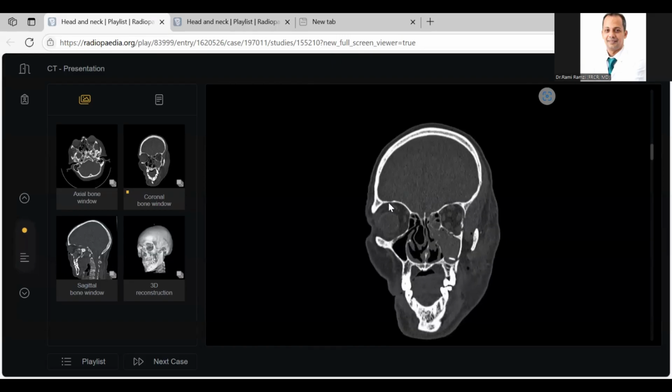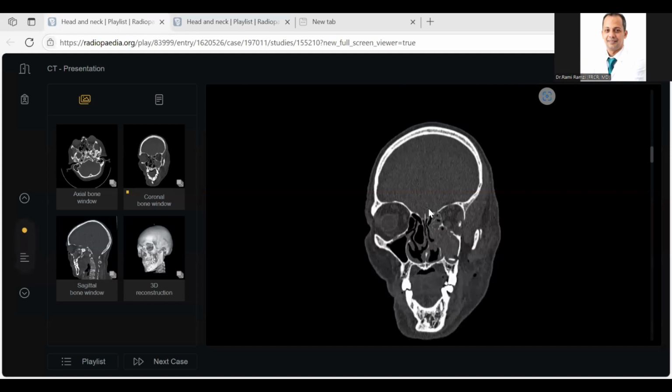What is the name of this fracture, please? This is a tripod fracture. Yes. What happens in a tripod fracture? There are fractures of the maxillary bone, inferior orbital rim, as well as zygomatic bone. Okay. Is there any emergency here? When do you consider it surgical or an emergency?